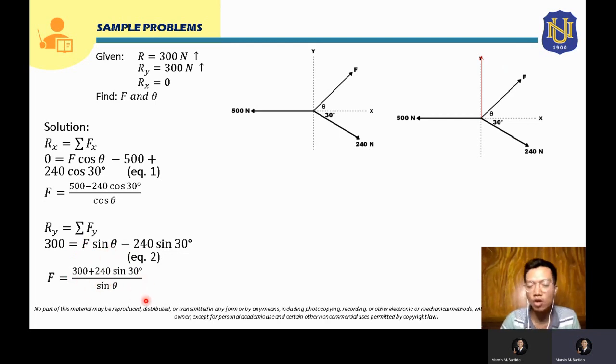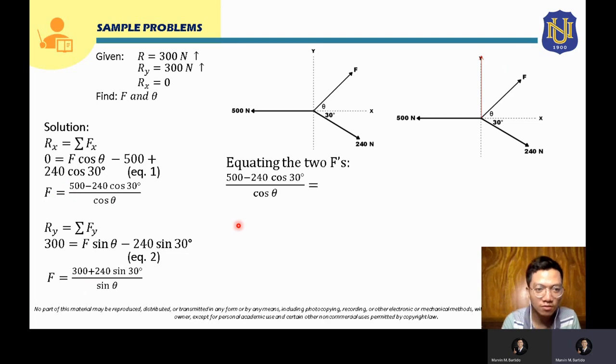So now we already generated two equations for F. We can now equate these two F's. So this is the first F, 500 minus 240 cosine 30 degrees over cosine theta. You equate that to the F from equation 2, so that will be 300 plus 240 sine 30 degrees over sine theta.